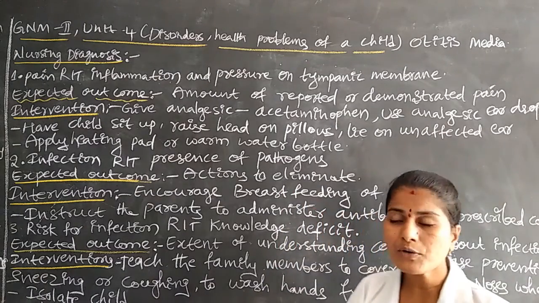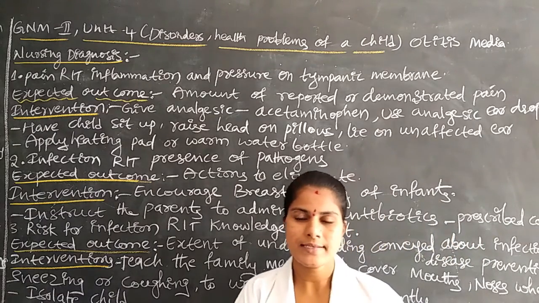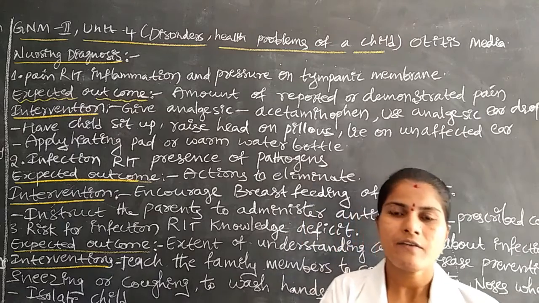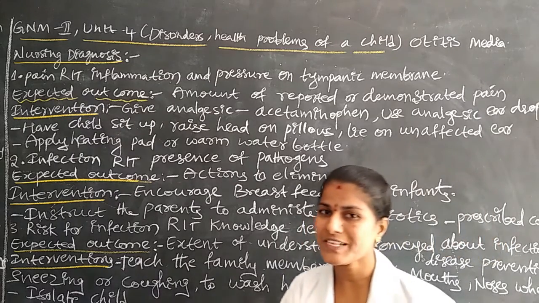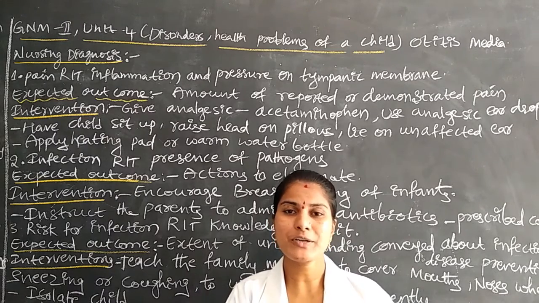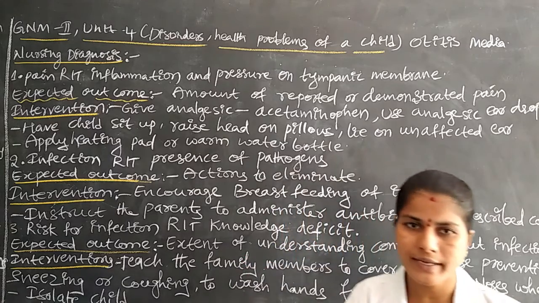For reducing infection, the first intervention as a nurse is to encourage the mother to give compulsory breastfeeding to the child. Then only the child has sufficient nutrition in the body, and the immunity power will be increased.